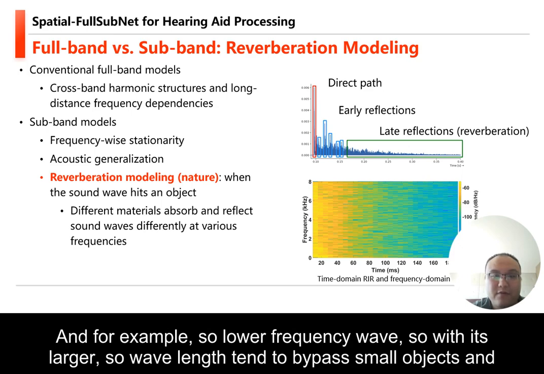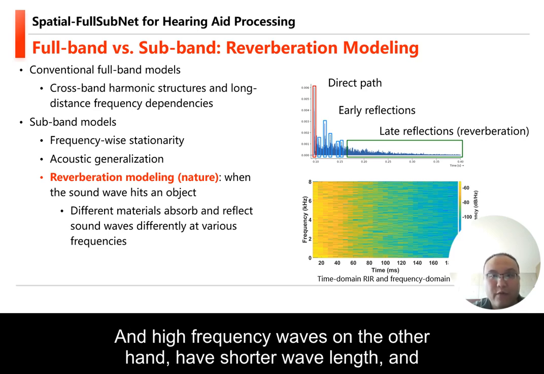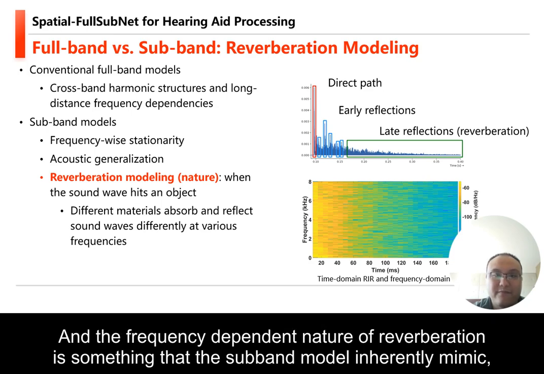For example, lower frequency waves, with their larger wavelengths, tend to bypass small objects and are less likely to be absorbed, resulting in a more pronounced reverberation effect. High frequency waves, on the other hand, have shorter wavelengths and are more readily absorbed or scattered by obstacles, leading to a more complex reverberation pattern at these frequencies.